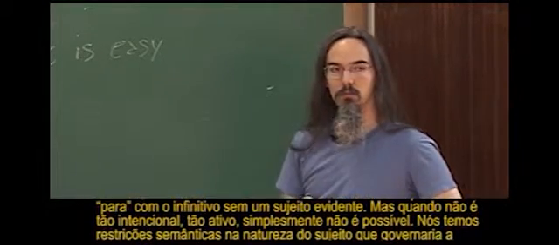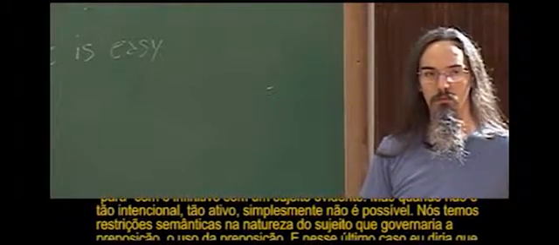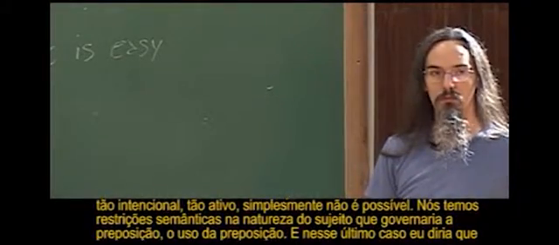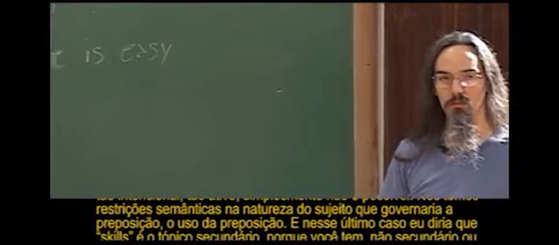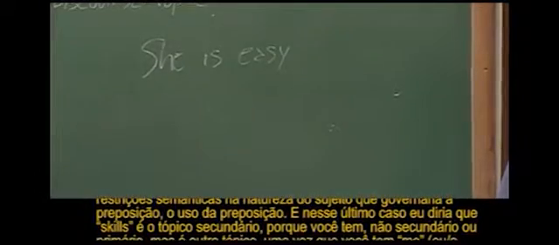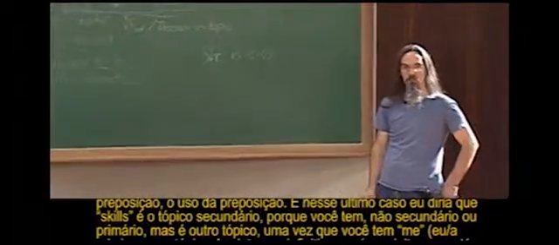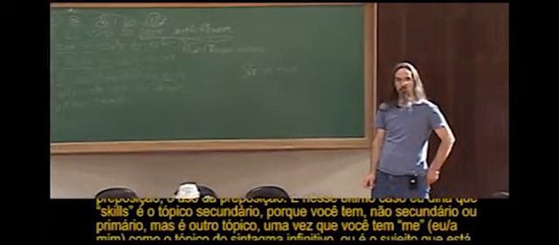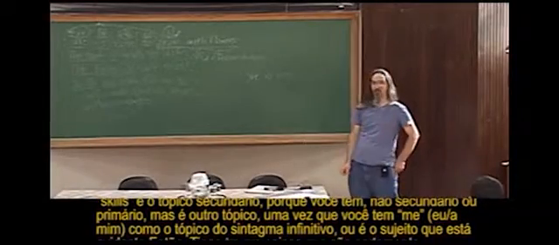So what we do have are semantic restrictions on the nature of the subject that would govern the usage of the preposition. And in this last case, I would say that skills are the secondary topic, because you have me as a topic of the infinitival phrase. Or it's the subject and it's overt.